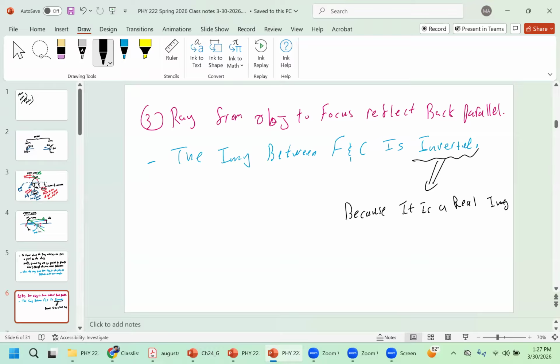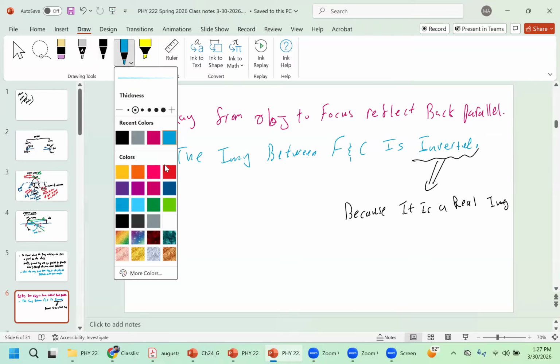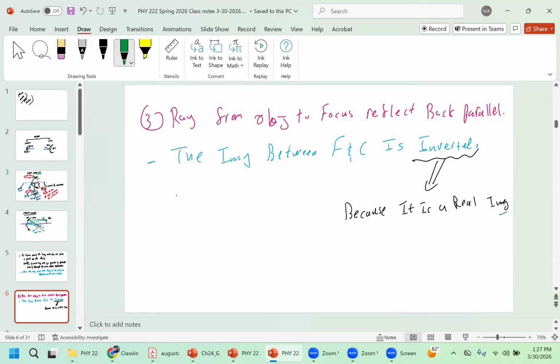Now, what did we mean when we said it's a real image? That means it can be captured on a screen.